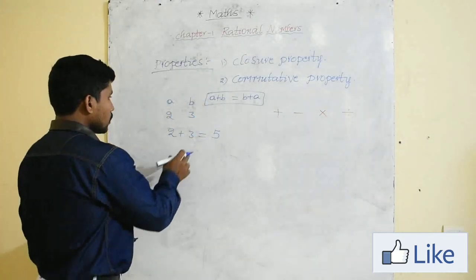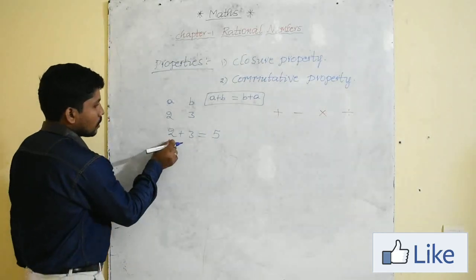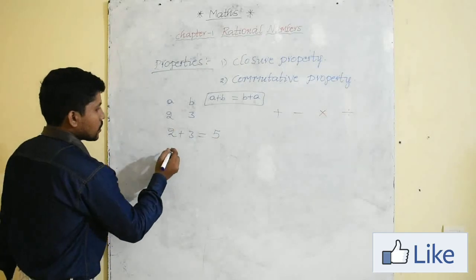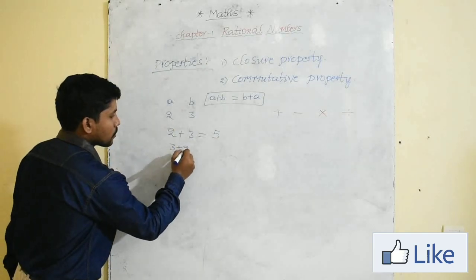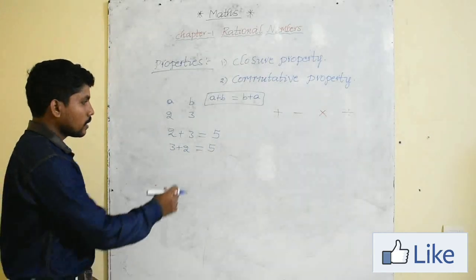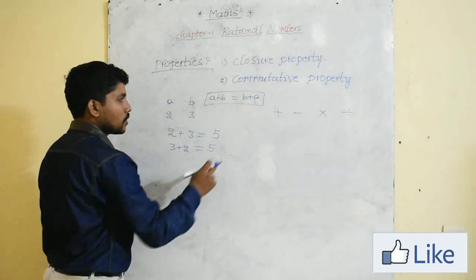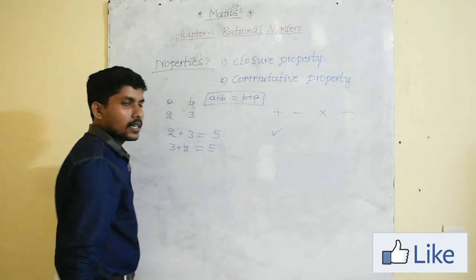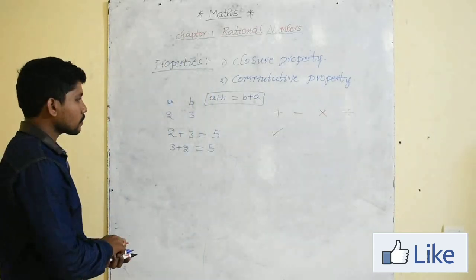Is that clear? For the first example, for addition, 2 plus 3 is equal to 5. If I interchange the order, I will get 3 plus 2, which is also equal to 5. Then we can say under addition, the commutative property is satisfied for rational numbers.